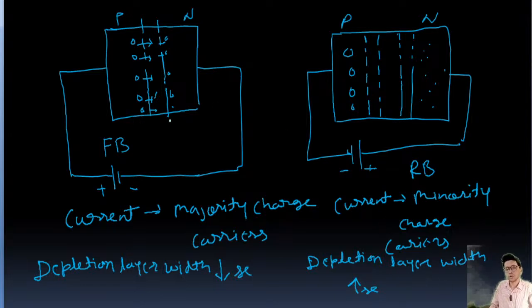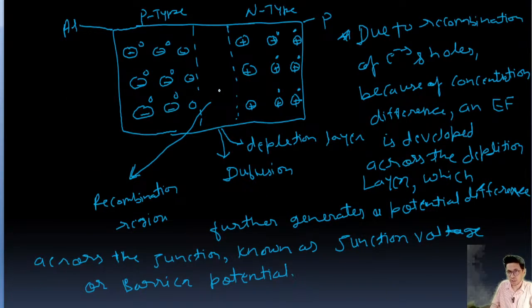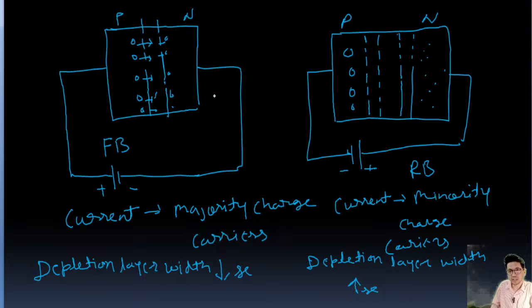So this is the PN junction and how the depletion layer forms. I've explained the depletion layer, and after that there are two types of biasing for a PN junction: forward biasing and reverse biasing.